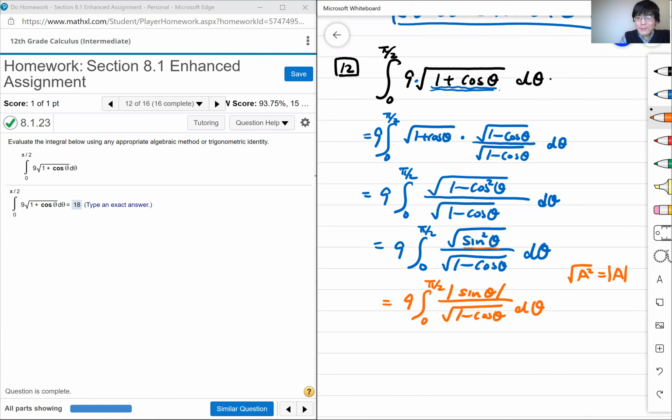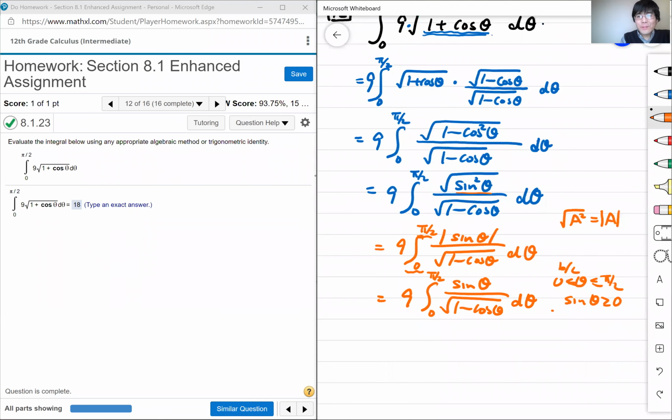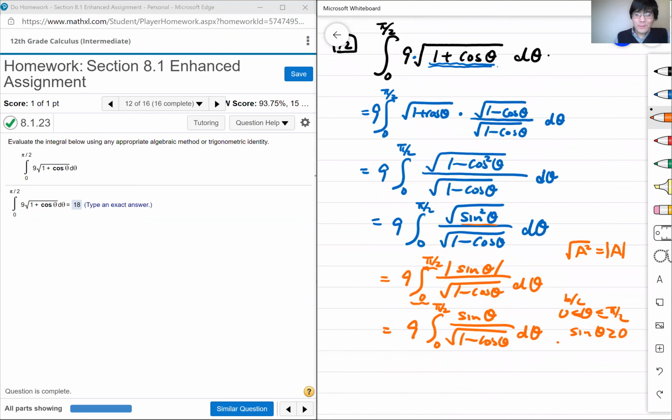Fortunately, because theta is between 0 through pi over 2, as indicated here, sine theta is positive in that range. That's why you can remove absolute value sign. This expression looks worse than the original expression because it's a fraction. Now you have more complicated stuff.